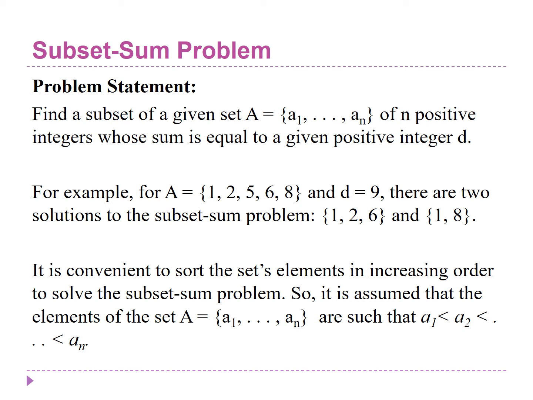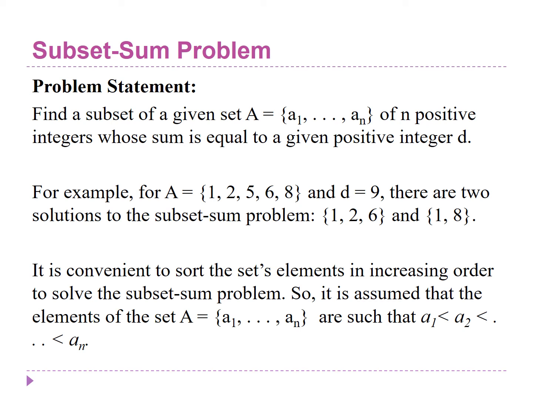For example, for the set A consisting of elements 1, 2, 5, 6 and 8 and d equals 9, there are two solutions to the subset sum problem, which are the subset consisting of elements 1, 2 and 6 and the subset consisting of elements 1 and 8.